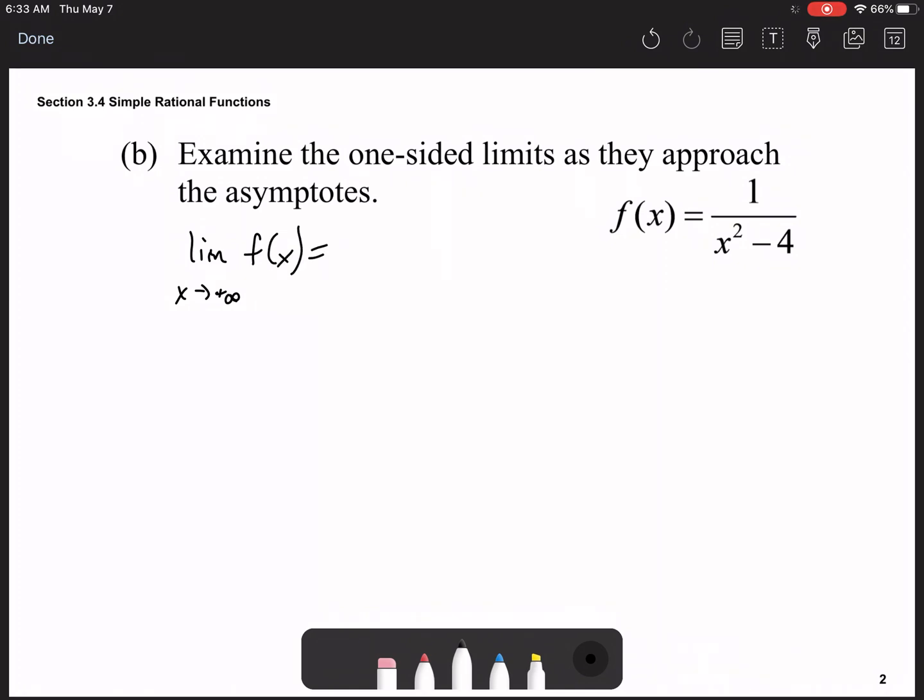You choose a value very close to infinity, grab your calculator, and plug it in, let's say 1,000 or 10,000, whatever it might be, and substitute in. I get a value close to 0, but you'll notice that it is positive, so it's slightly above 0.